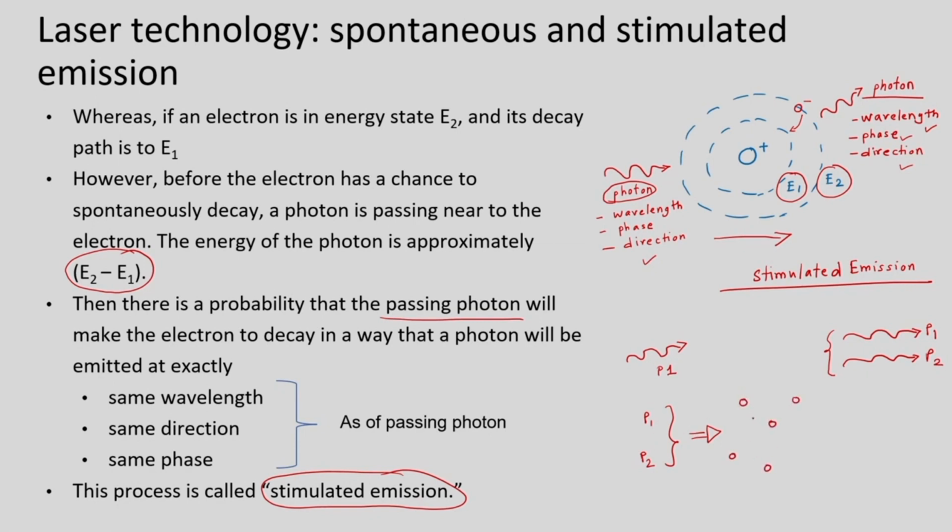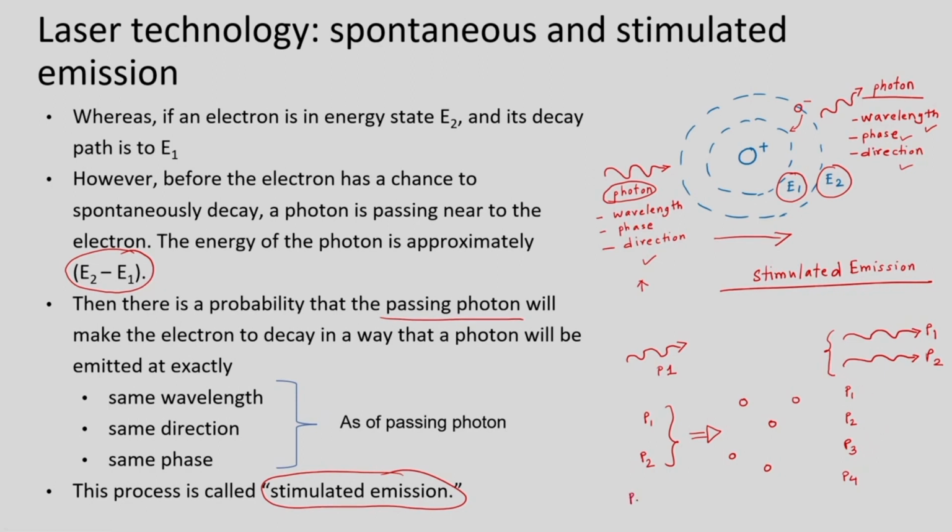As P1 and P2 do the similar operation, the same process is carried out. Now we get P1 and P2 which are already there, and P3 and P4 which are generated during this stimulated emission.